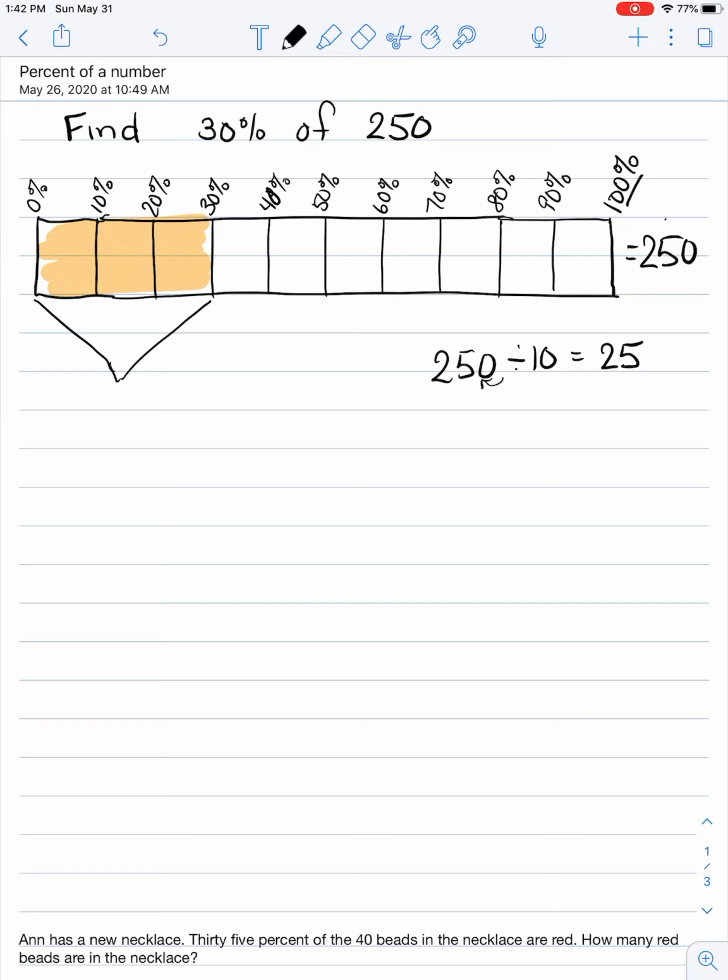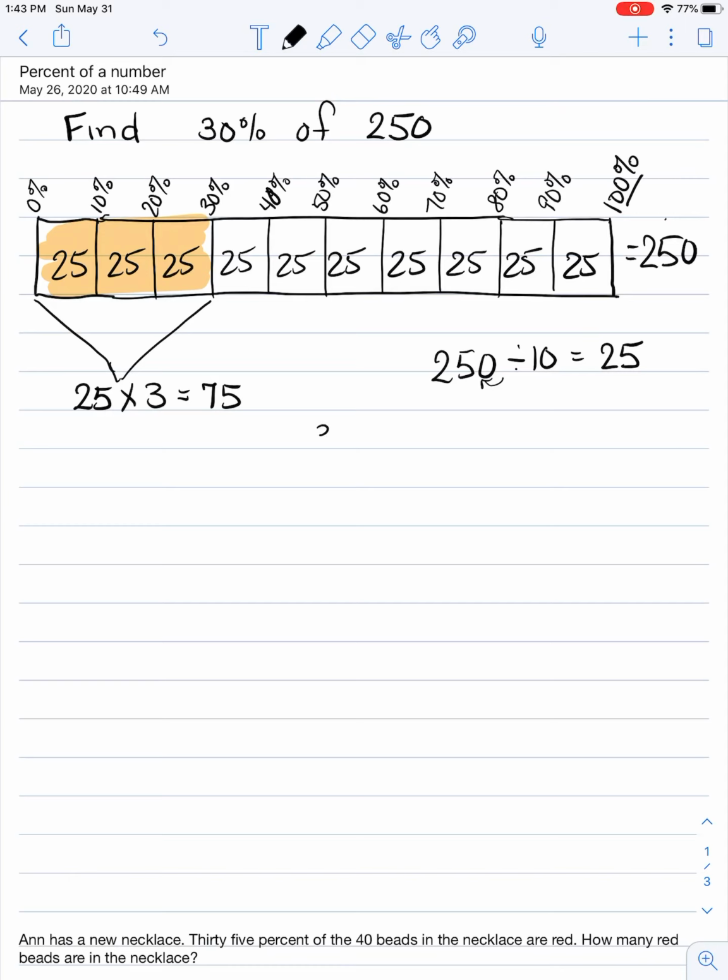So when we divide 250 by 10, we know that each of these boxes is going to be 25. Okay, because in any fraction or percent model, all the pieces have to be the same. And in this case, since they're all 10%, they're all going to be the same. And then since we have 3 boxes, it's going to be 25 times 3, and that's going to be 75.